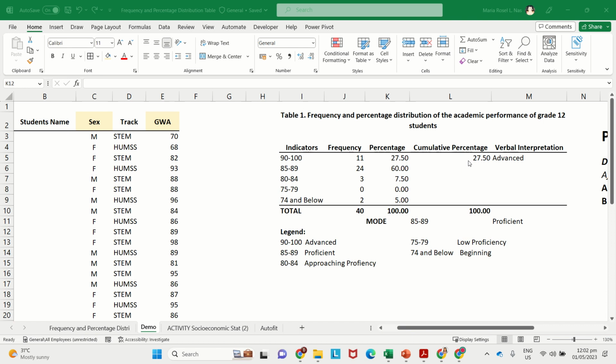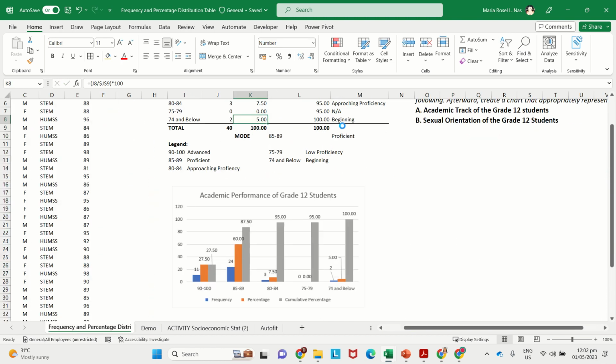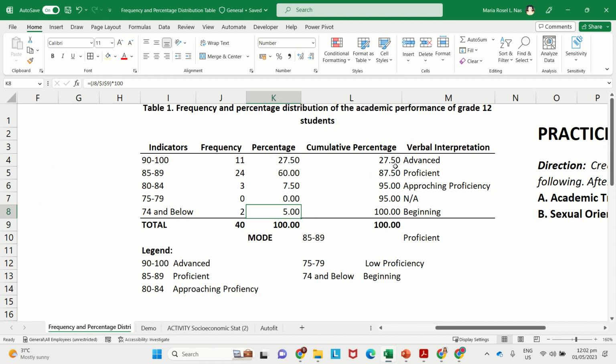For the cumulative percentage, in the first row we just need to copy this one. So this is equal sign, then copy this one, and then enter. For our second row, to get the cumulative percentage, it is the first percentage plus the second percentage.